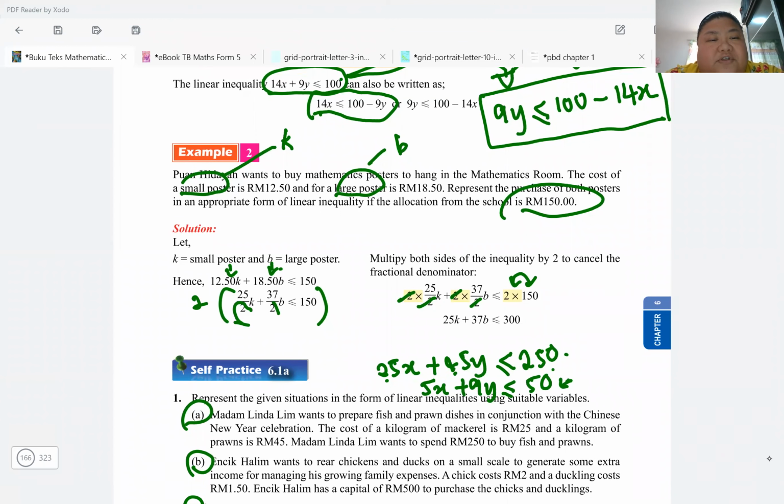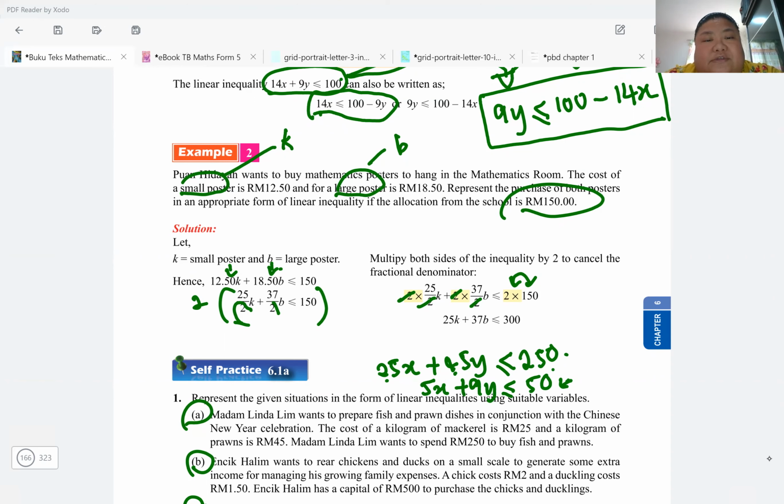Let's say our small poster is K and our big poster is B. The allocation from the school is 150 ringgit, meaning that you cannot exceed 150 ringgit. If you buy more than that, you have to pay by yourself.